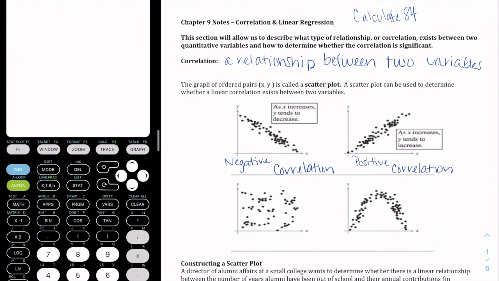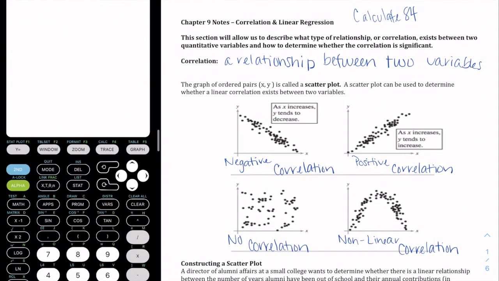The scatter plot that has all of our points not really in a line at all, just kind of spread out, is going to be no correlation. And then our last one that looks almost like a parabola, that's going to be a non-linear correlation. So it has some type of correlation, but nothing that we want to use.